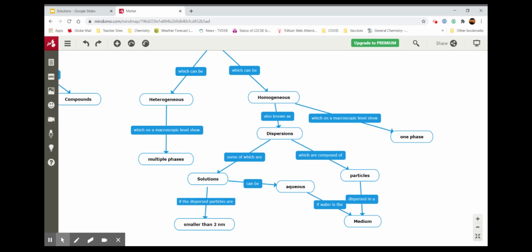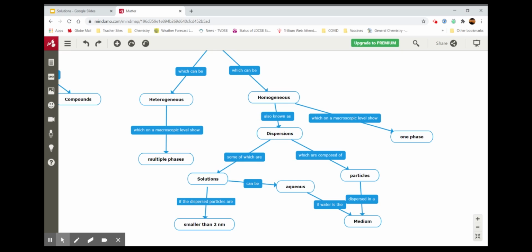Now, even more specifically, we are generally going to be talking about aqueous solutions, which, as you know, are homogeneous mixtures which have water as the medium. So aqueous solutions are dispersions which have very small particles dispersed in water.